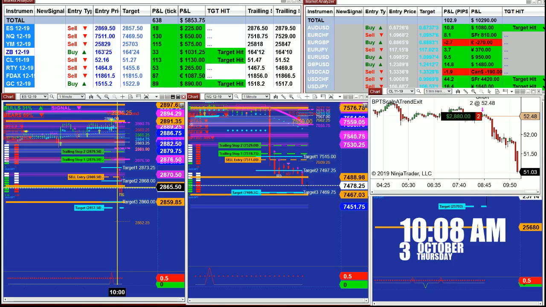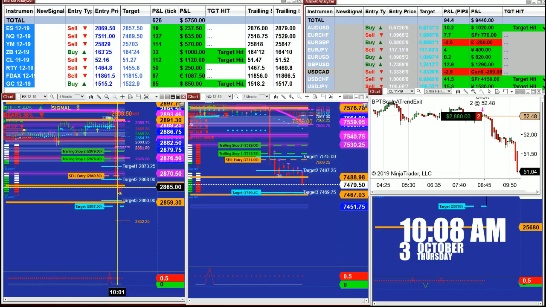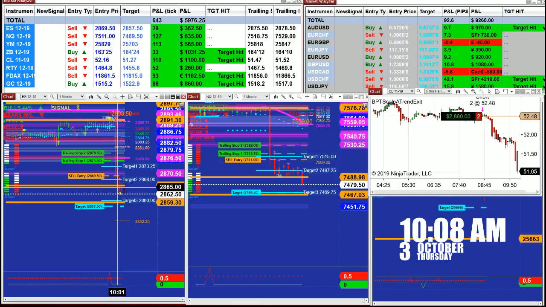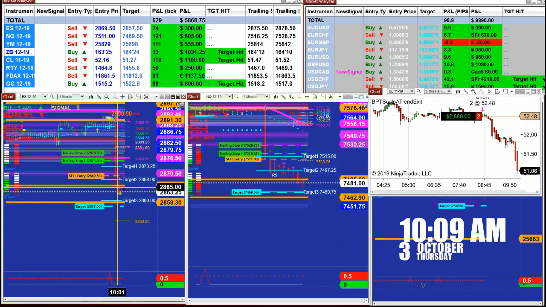But the whole Ninja Trader platform will lag in a very fast market, and nothing will work anymore. Your indicators start lagging, your auto trades start lagging, and sometimes it can crash your Ninja Trader. It's very normal on the platform.